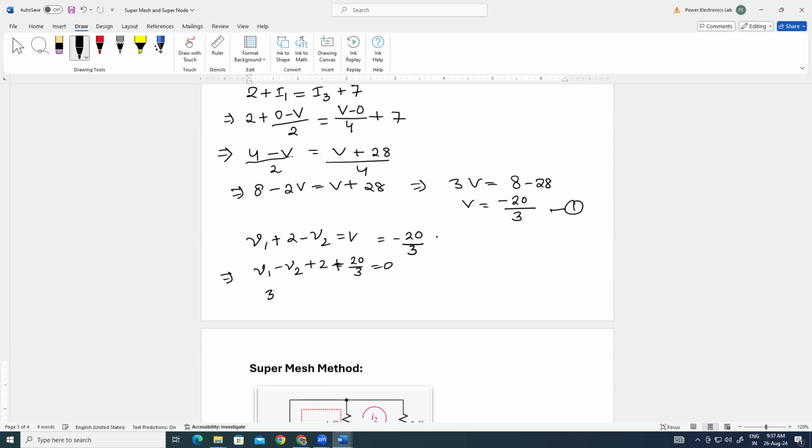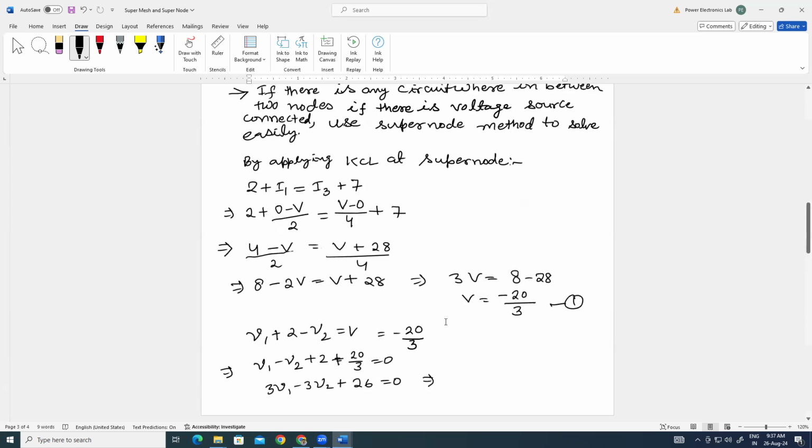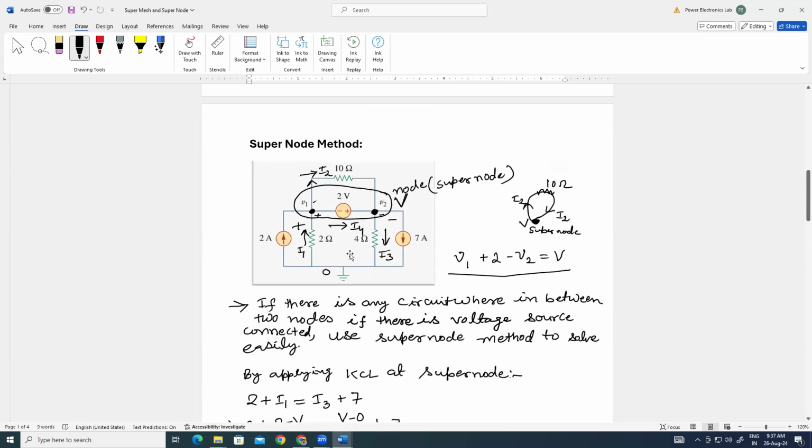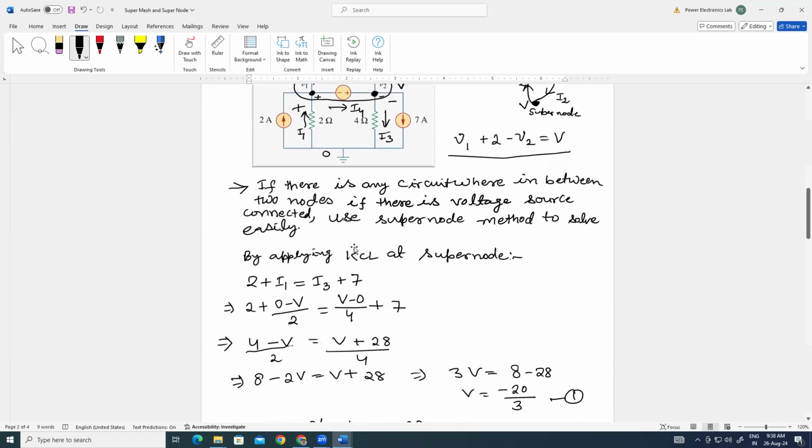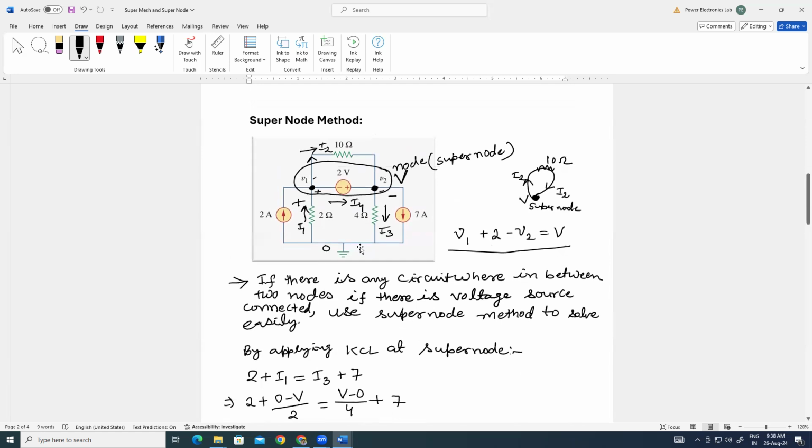So 3V1 minus 3V2 plus 26 is equal to 0. Now we have to calculate the values of I1, I2, I3, I4.